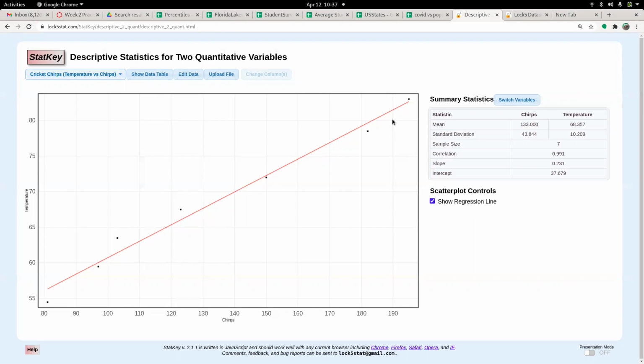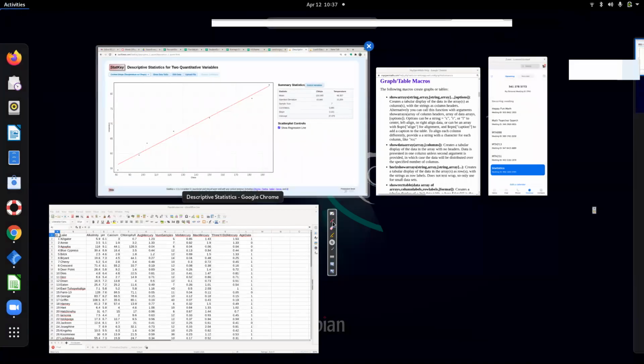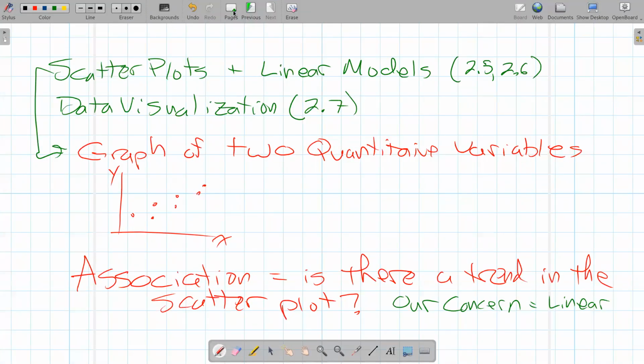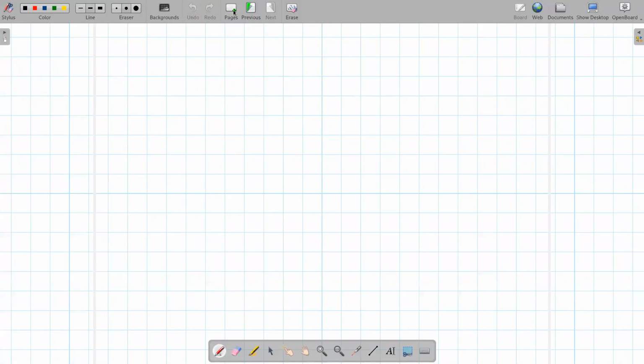Another idea related to this is the variable type. So back from your previous math, you might remember looking at independent variables.